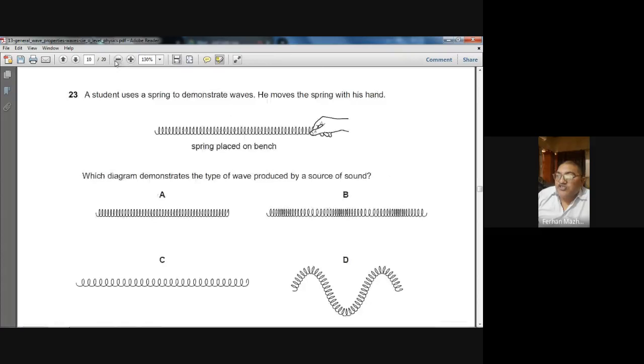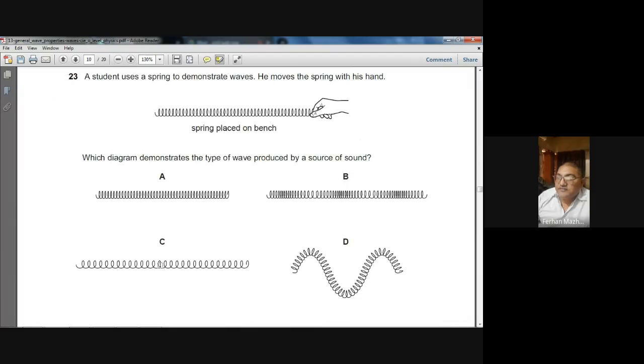The next question on your screen: a student uses a spring to demonstrate waves. He moves the spring with his hand, with the spring placed on the earth. Which diagram demonstrates the type of waves produced by a source of sound? The source of sound produces longitudinal waves.